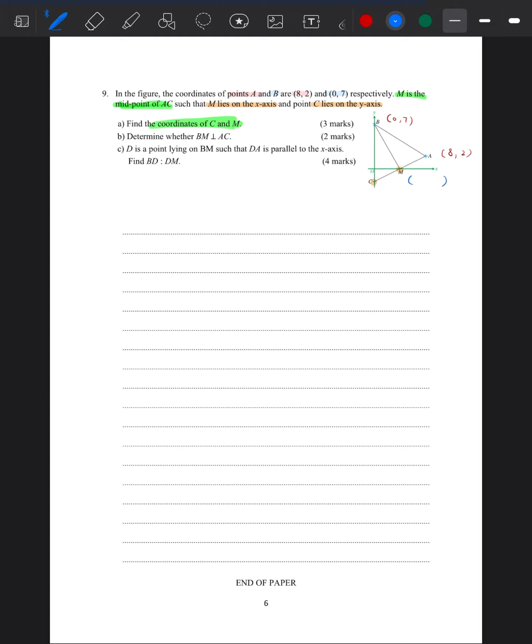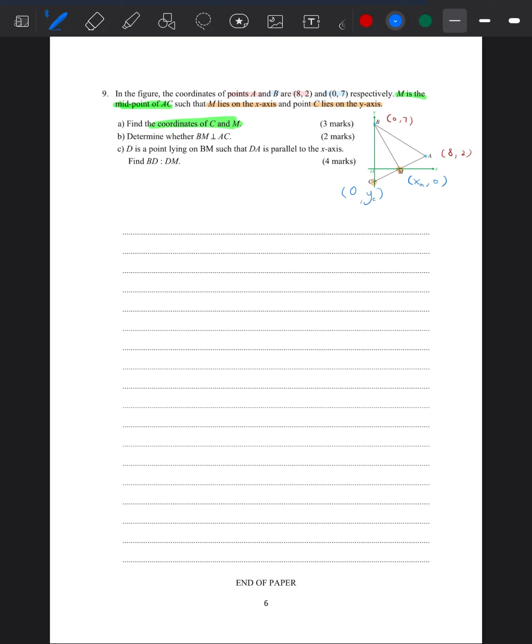Your M, because it is on the x-axis, so you know that your y has to be 0. And your C here, because this is on the y-axis, so their x coordinate is 0, and we have the y coordinate.